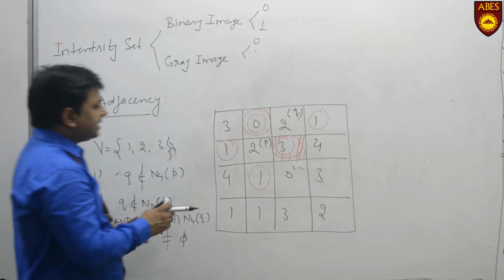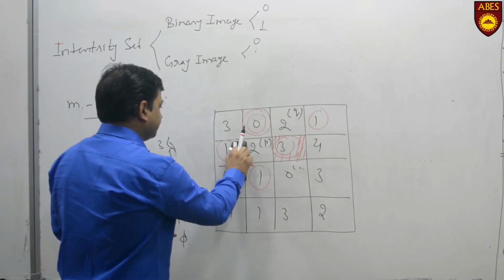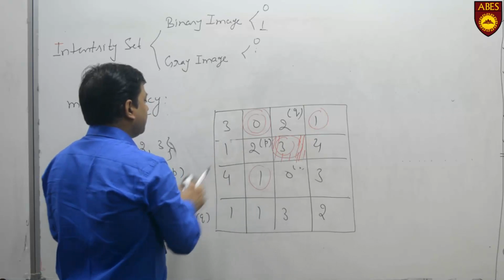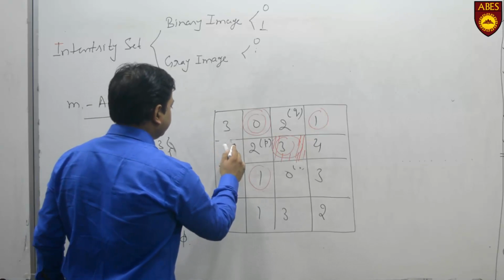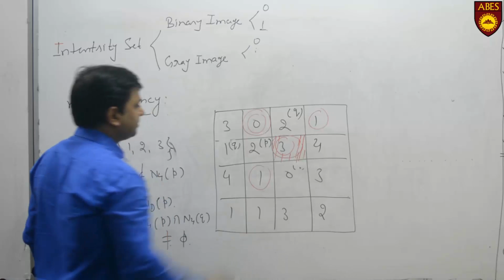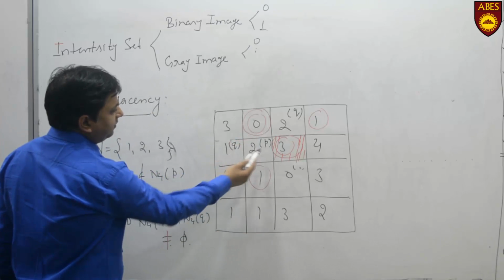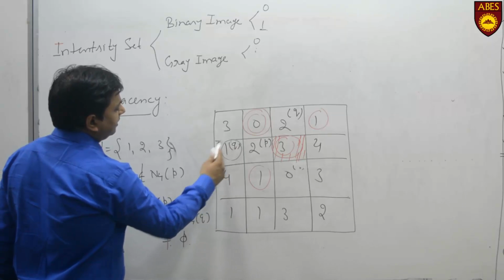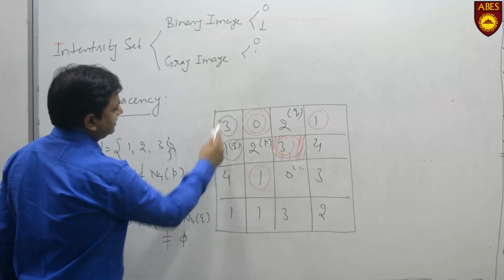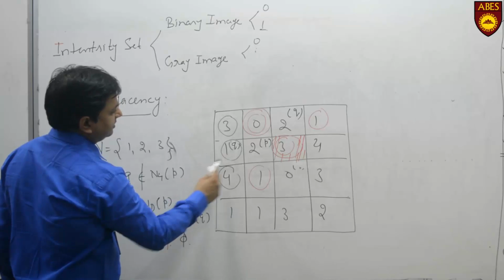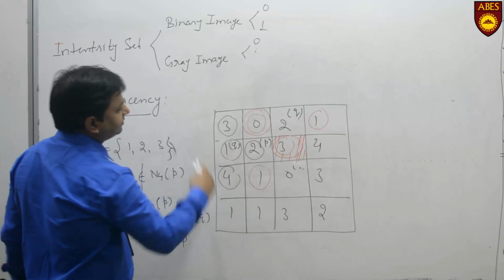So we can take another example. Suppose my Q is here. Again I check the N4P and N4Q. This is my N4P, and N4Q becomes like this, this, and this.